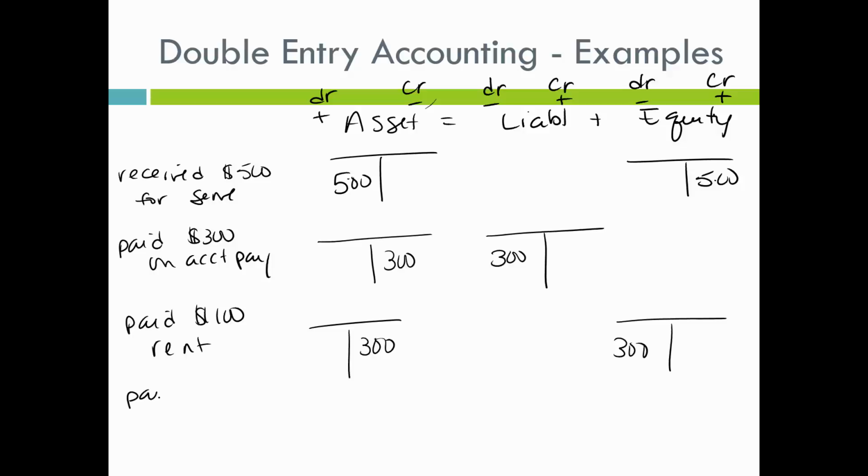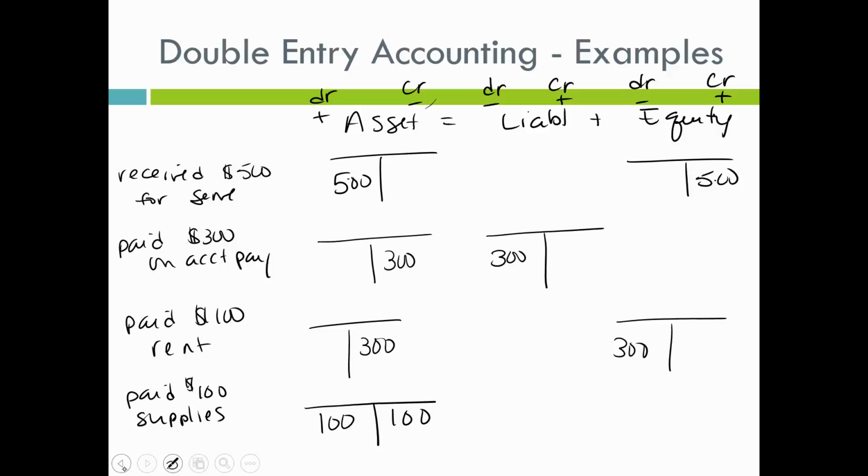I paid $100 for supplies. As soon as I see paid, I know that the asset cash went down. To decrease an asset, I credit it. But office supplies is also an asset, and I bought office supplies, so I added those. So there's a $100 debit, and the accounting equation is still in balance.